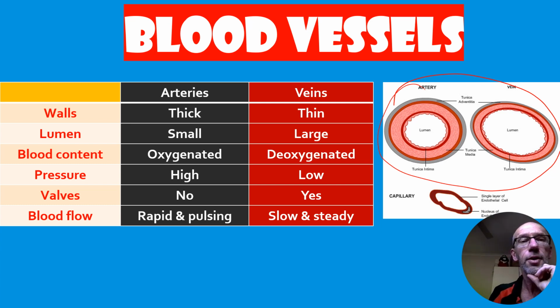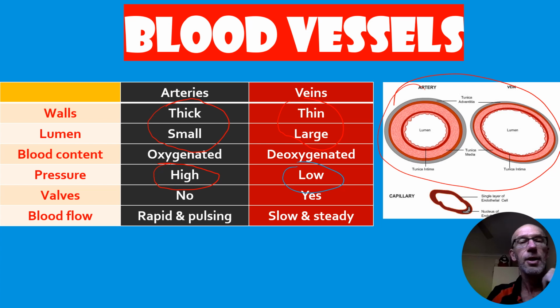And if we look at these walls for our arteries, we've got the thick walls with a small opening, the lumen, and that's because we're pumping out the blood under high pressure, so we need a lot of musculature in those arteries. We don't need that wide lumen, as opposed to the veins, thinner walls, less musculature, so we need a much larger lumen because that blood is pumped out under a lower degree of pressure.